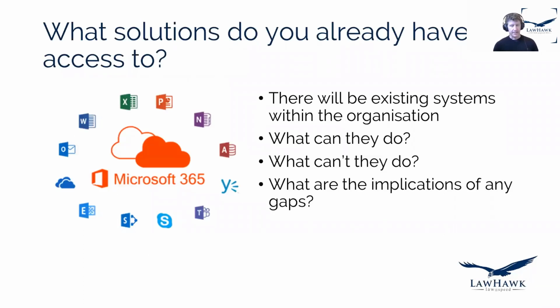So a really key point to consider early on is just to take a look at what solutions and systems you already have access to within the organisation. Nobody wants to pay additional money to do something that they could already do with something they've already bought. So that's one of the first things that you want to investigate: can we already do this with other systems?